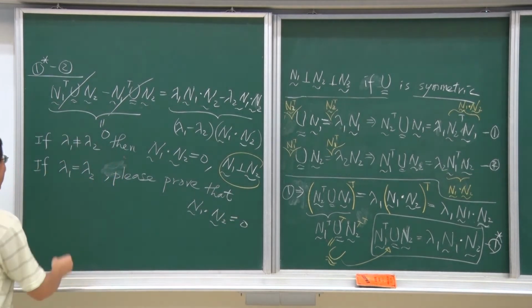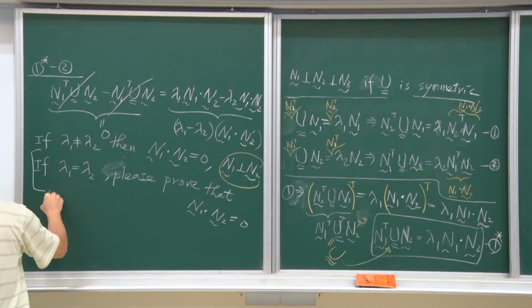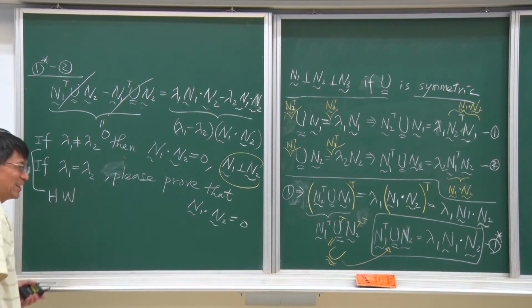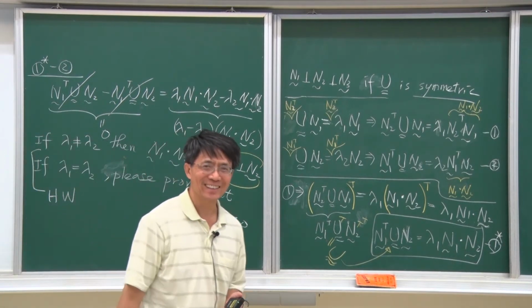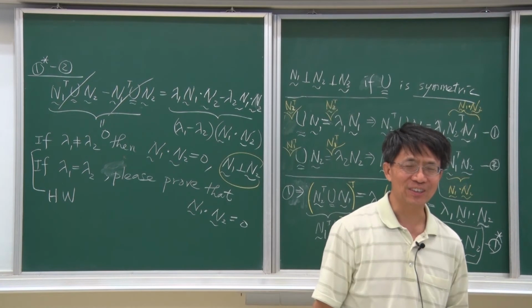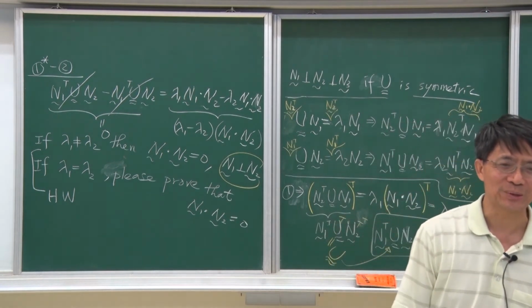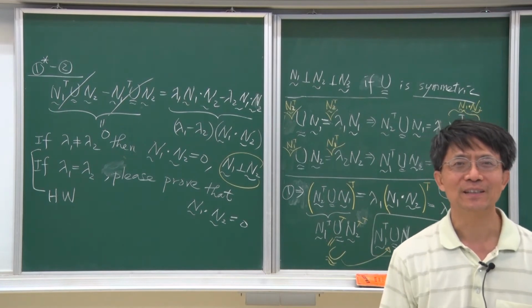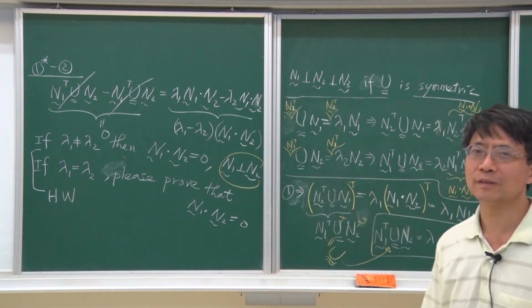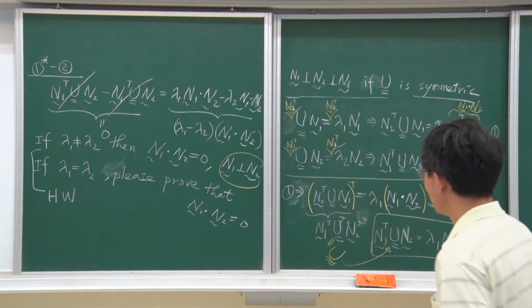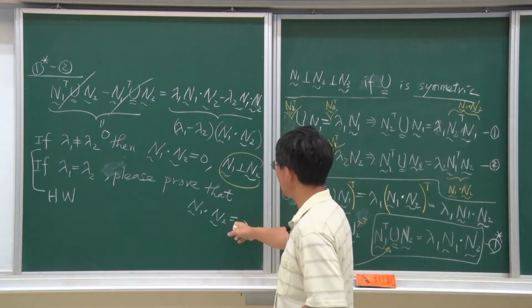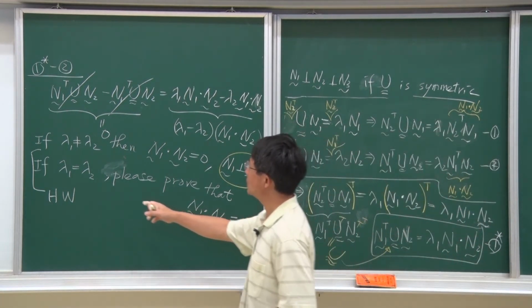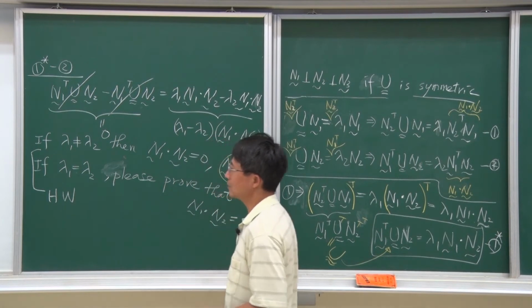This is a homework. Do it by yourself. Your teacher cannot do everything for you. You must do some calculations by yourself in order to get the idea. So please prove that the eigenvectors n1 dot n2 also equals 0, even though lambda 1 equals lambda 2.